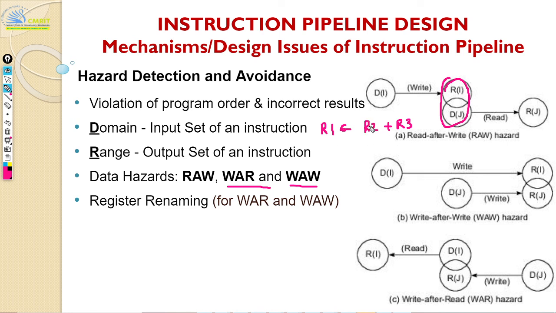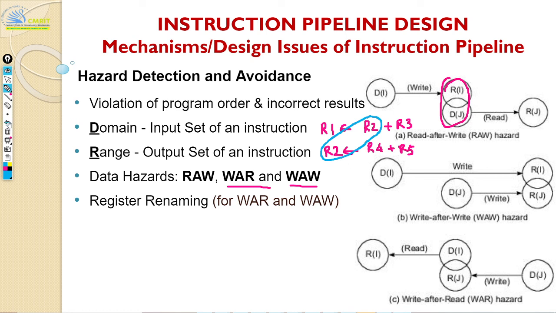You're reading R2 here, but then you're going to write something here: R2 equals R4 plus R5. Now what is happening? You have a dependency here. This is your WAR dependency, but this is not exactly a true dependency. It is just the short sightedness of your compiler.